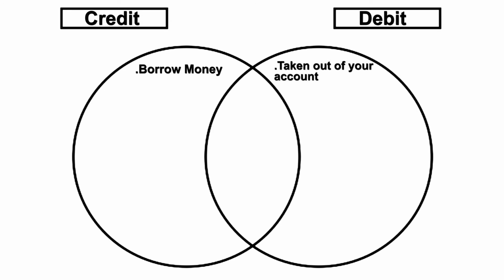A debit card takes money automatically out of your checking or savings account. Let's try another one. Which card is great for emergency situations when you don't have enough money? Credit card, debit card, or both? That's right. A credit card is great for emergency situations.